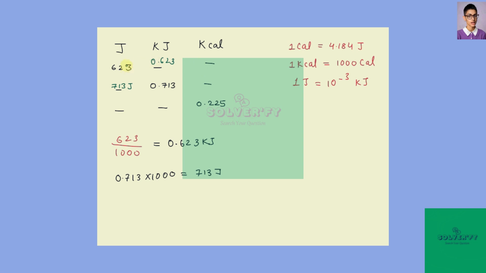Now we need to convert the joule value to kilocalorie, and here the kilojoule value to kilocalorie. We can use the joule value. We know the relation that 4.184 joule is equal to 1 calorie, and here we can write 1 calorie will be equal to 10 raised to power minus 3 kilocalorie.